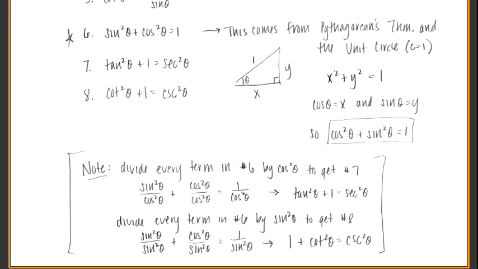Coming up here to that list, if you can just remember this one that I starred, number 6, sine squared and cosine squared equals 1. Just pay attention to how I formed this, which is just using Pythagoras's theorem, where in this right triangle, x is cosine theta and y is sine theta. And then right here on this note is how you get 7 and 8.